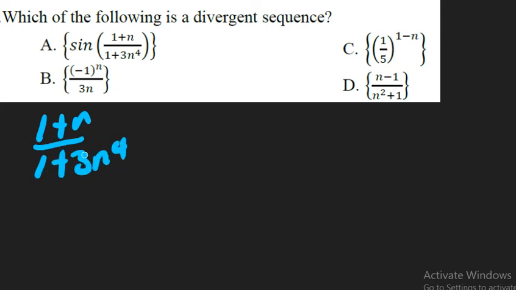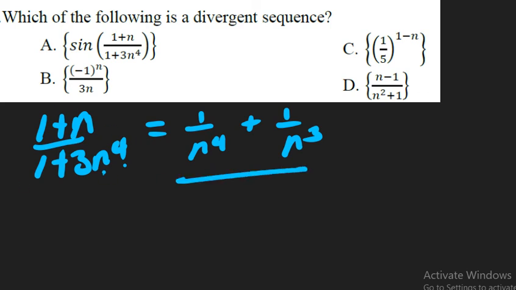What is the limit of this sequence as n goes to infinity? The highest exponent of the variable is n to the power of 4, so divide each term by n to the power of 4. It's going to be 1 over n to the power of 4 plus 1 over n cubed, because 1n will be cancelled. The whole over 1 over n to the power of 4 plus 3 remains.